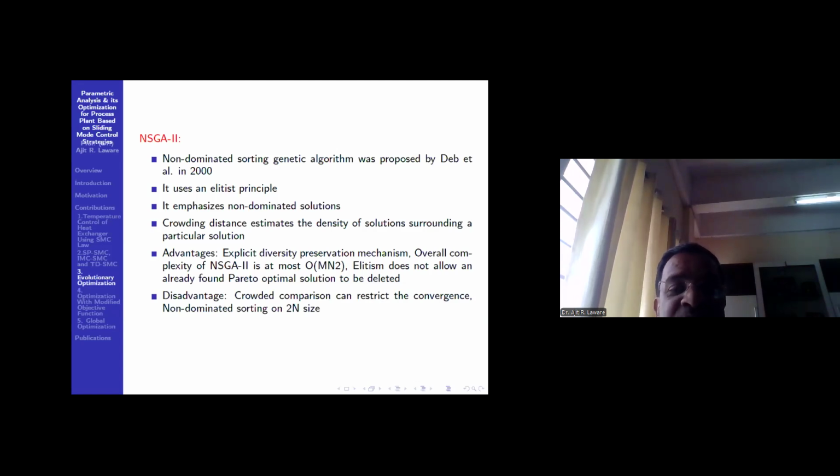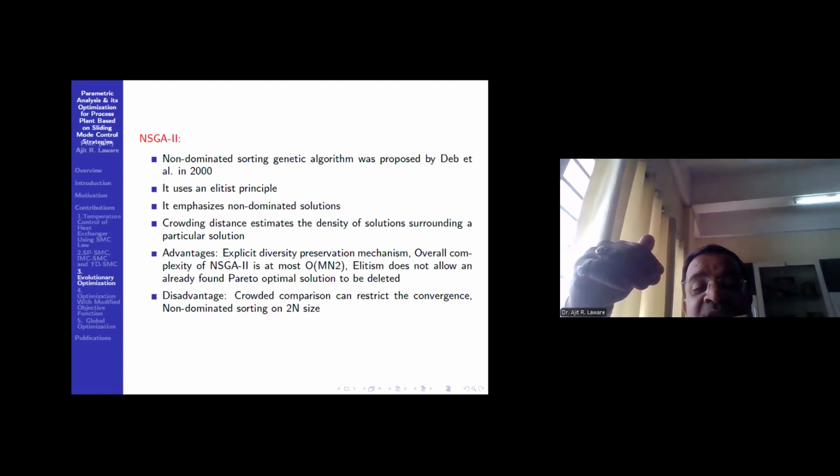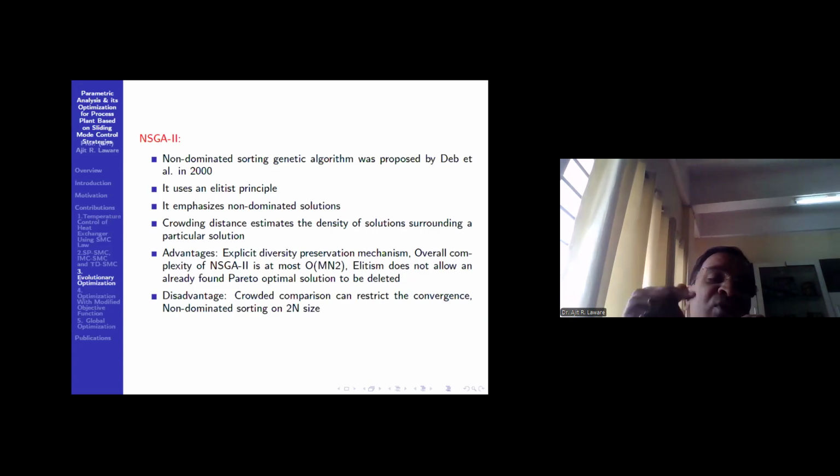So N is the population size, M is the number of objective functions. So obviously the complexity of NSGA is more than NSGA2, because for NSGA2 your complexity is O(MN square), and for NSGA it is O(MN cube). So that complexity increases for NSGA.